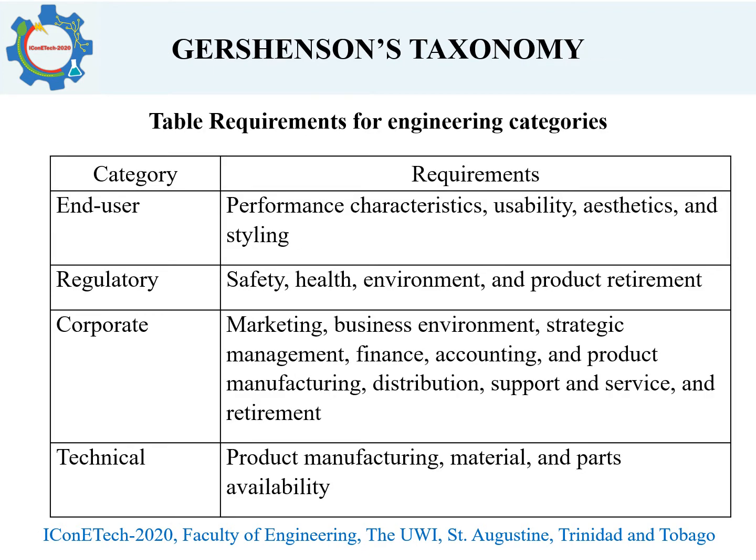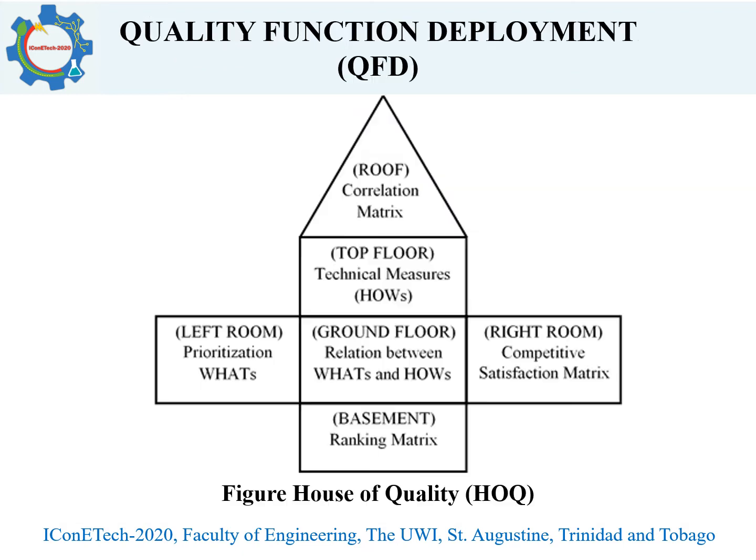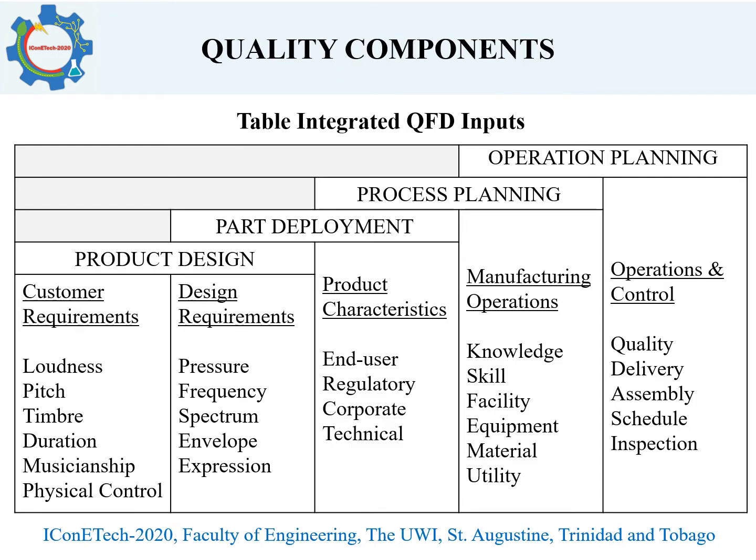To satisfy the engineering categories in the model, I use Gershenson's taxonomy. QFD was simply used to translate the customer needs into the product features. This table shows the integrated QFD inputs. It comprises 4 QFDs. The product design QFD, the customer requirements are translated into the design requirements.